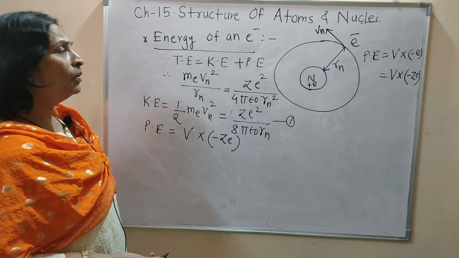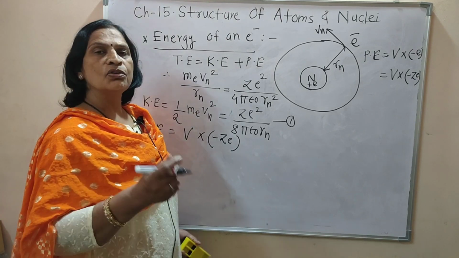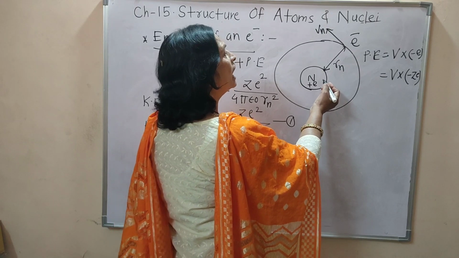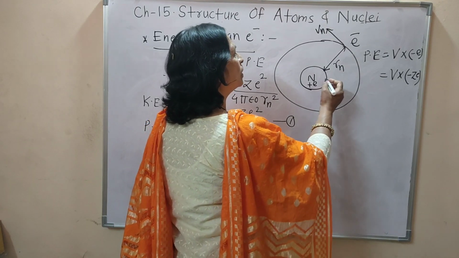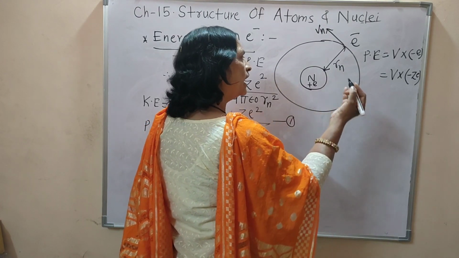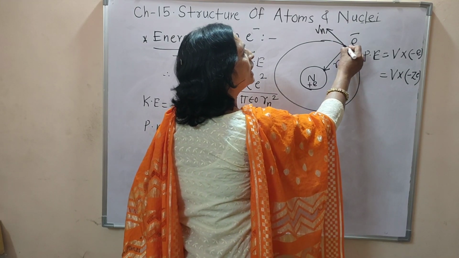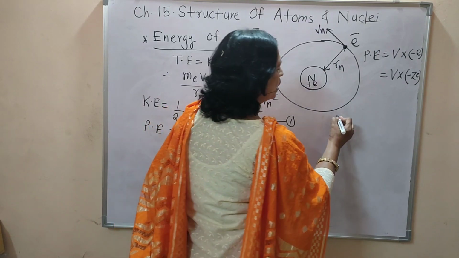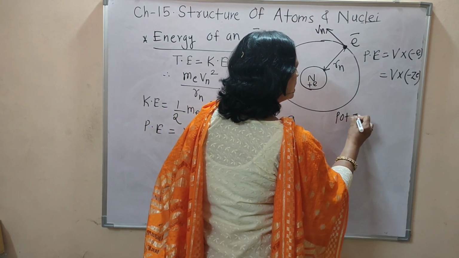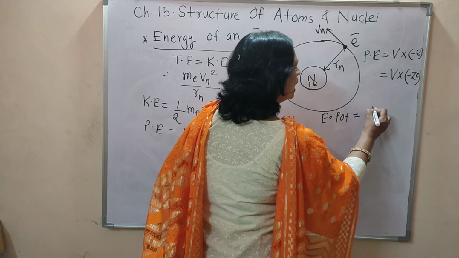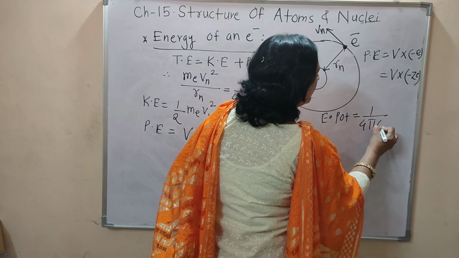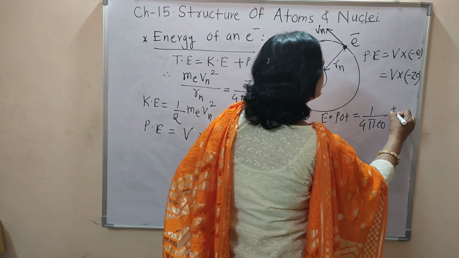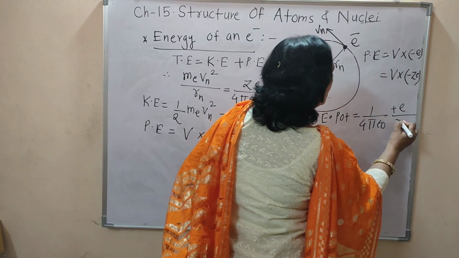Now first we have to calculate the electrostatic potential, which we already studied in the chapter Electrostatics. We have to calculate the electric potential at a distance Rn from this charge, and therefore the potential is equal to 1 by 4 pi epsilon naught, which is the constant, times the charge plus e, divided by the distance Rn.